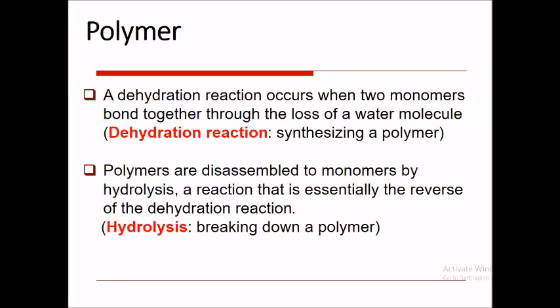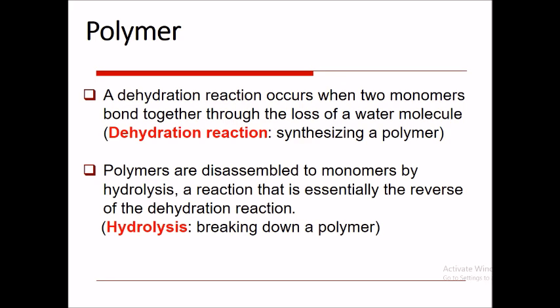And polymers can be synthesized. We can synthesize the polymer through a dehydration reaction or condensation reaction, in which the two monomers lose a water molecule, and it forms a bond between these two monomers or between a monomer and a short polymer.